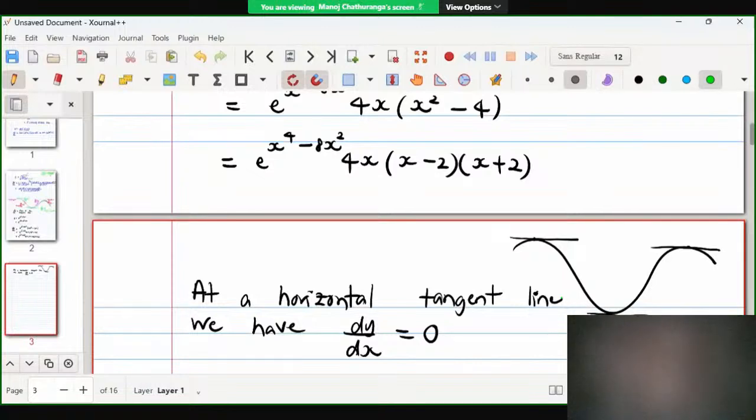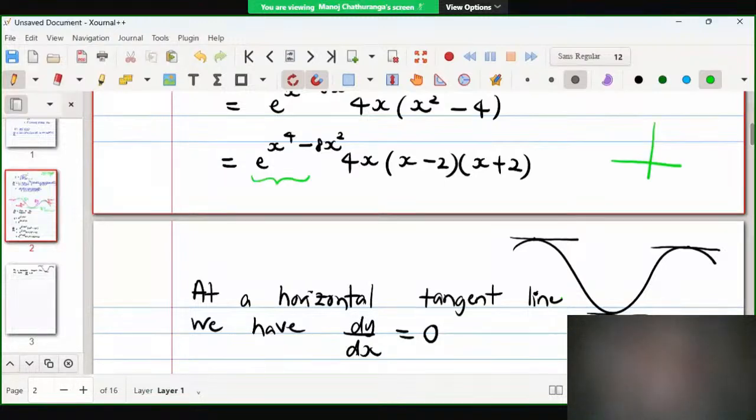Let's look at the derivative. The first factor is an exponential of something. Exponential functions are never zero. If you remember the graph of the exponential function, no matter what you plug into it, it always returns something positive, not even negative numbers, not zero.